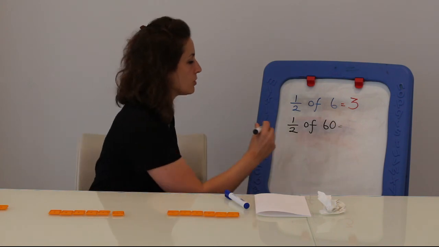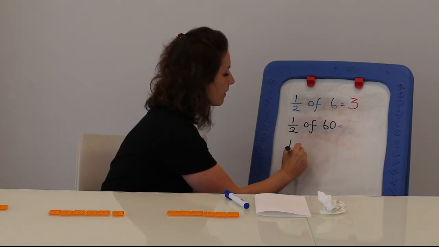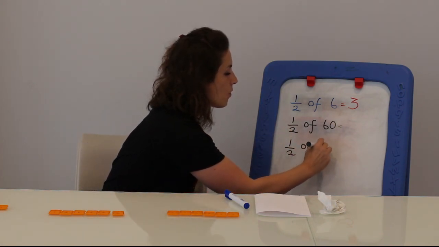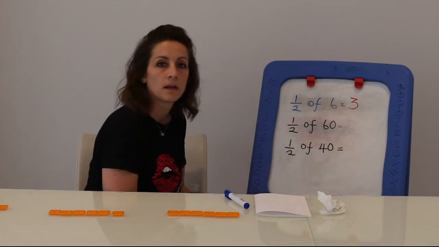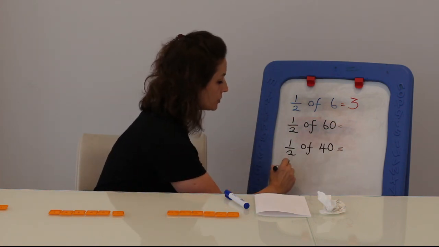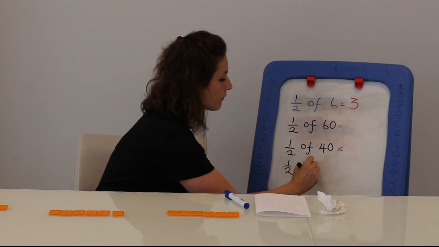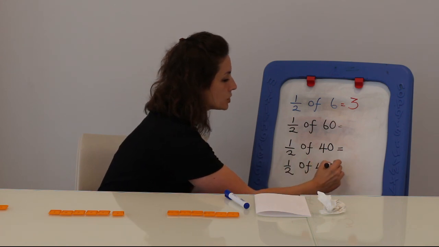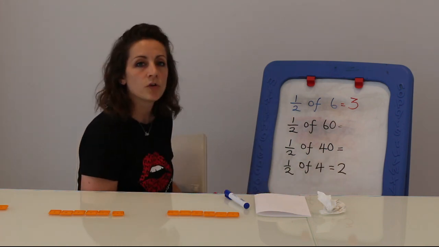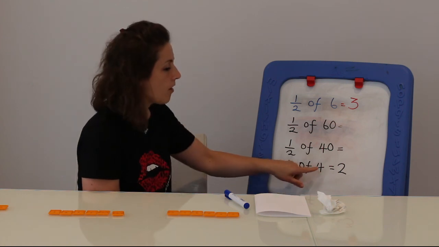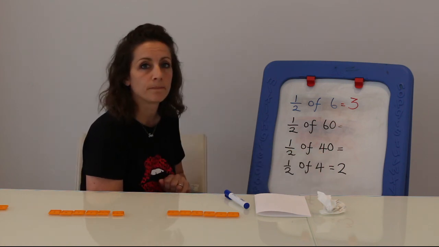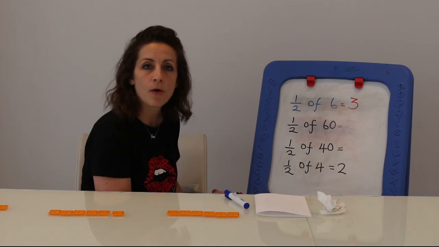And when I ask you to find me half of 40, you might be able to use half of 4 is 2 to give you some help with finding half of 40. Have a go and let me know how you get on.